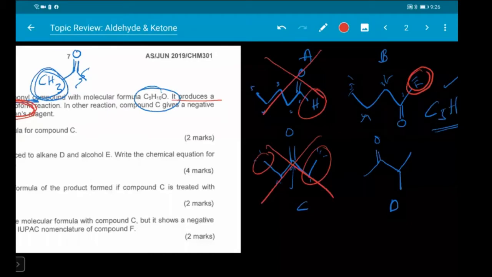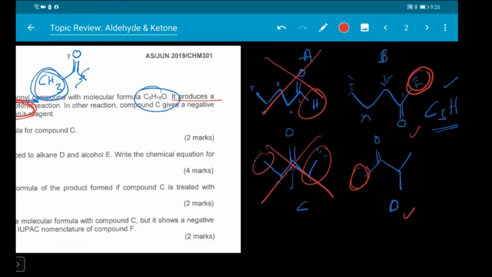This one we have methyl group also at carbon number 1. So there are 2 possibilities of the structure, dan benda macam ni lah yang tak akan ditulis dalam skema jawapan. So the answer will most probably be either B atau D. Pasal apa? Pasal ada methyl group. Kenapa methyl group ni penting?